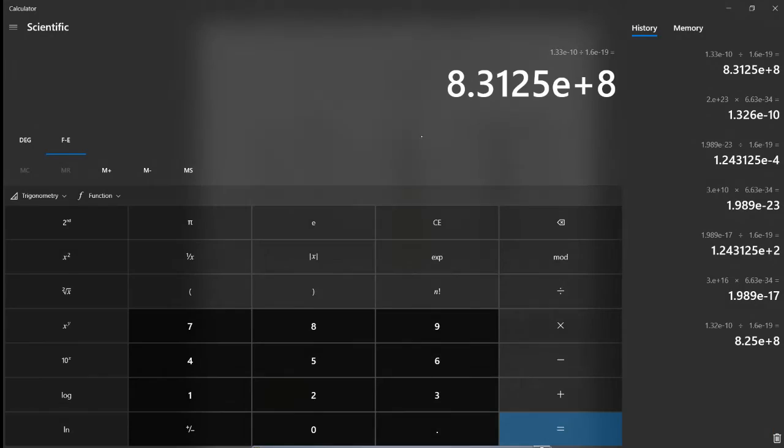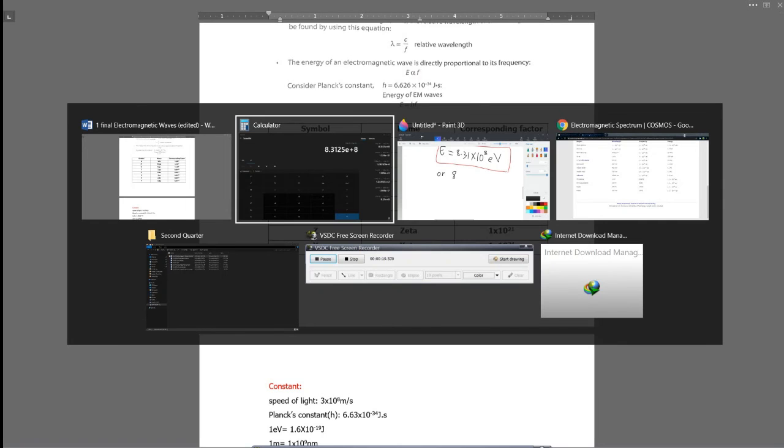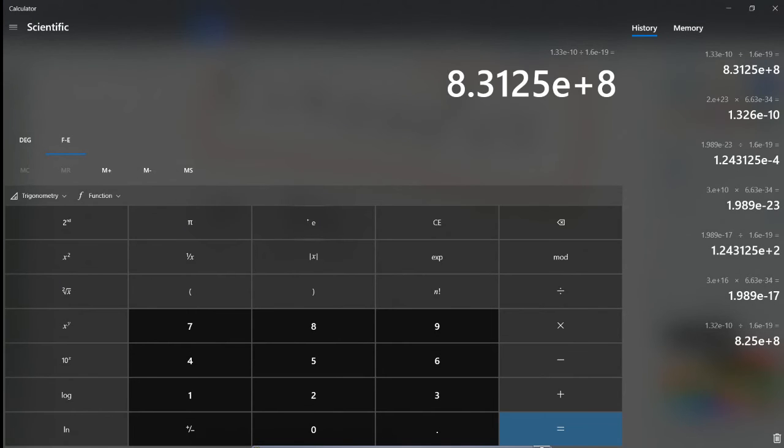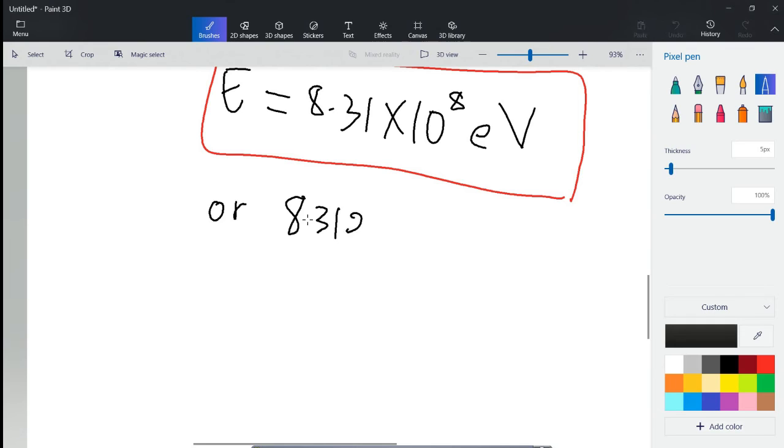So let's have 8.3125, or 831, because times 8, so convert this 831 3125, so 0.83125.